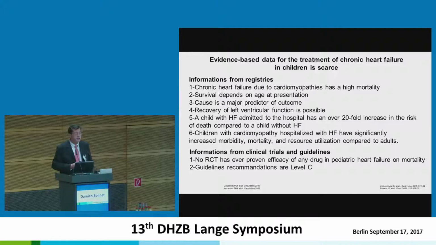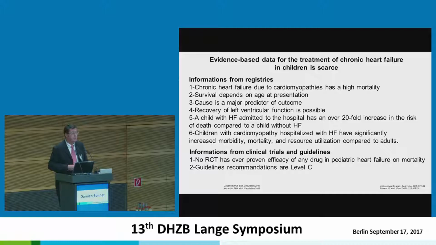The survival, as I told you, depends on age at presentation, but also on the cause. That is a major predictor of outcome. For example, familial cardiomyopathies have a higher death rate than non-familial, and as you know, myocarditis or proven myocarditis have a lower mortality.